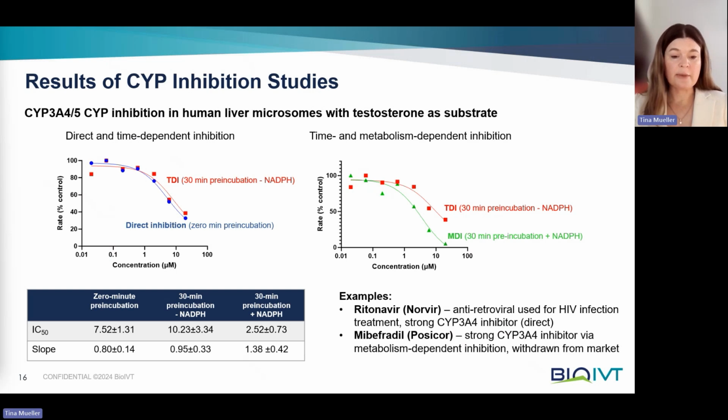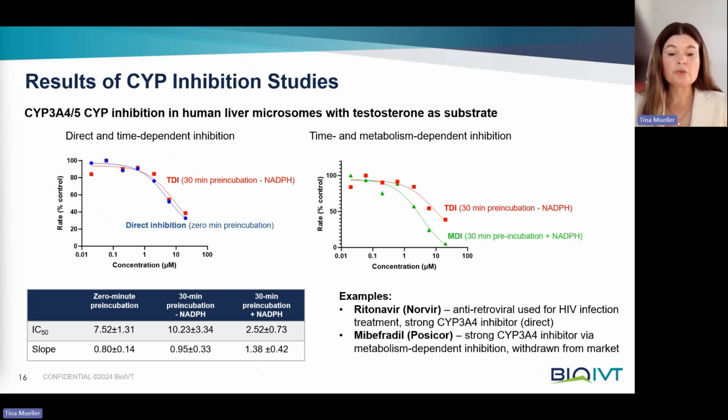And here are two examples of drugs that are CYP inhibitors. The first example is ritonavir, marketed under the brand name Norvir. This is an antiretroviral used for HIV infection treatment and is a strong direct CYP3A4 inhibitor.